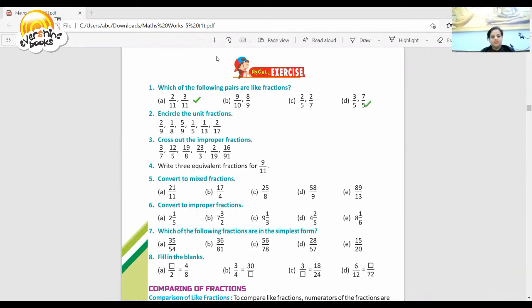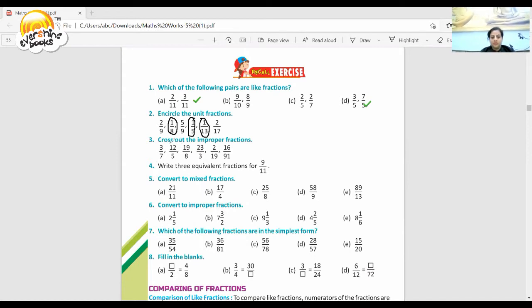Encircle the unit fractions. Unit fractions are the numbers that have 1 as a numerator. So you have to encircle where 1 is written as a numerator. Cross out the improper fractions. Proper fractions have a smaller numerator, improper fractions have a greater numerator.